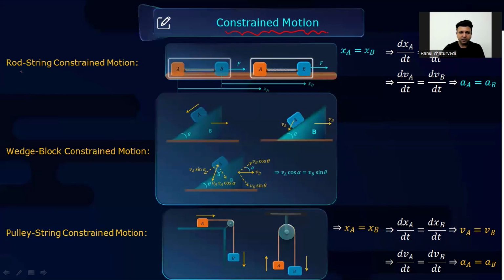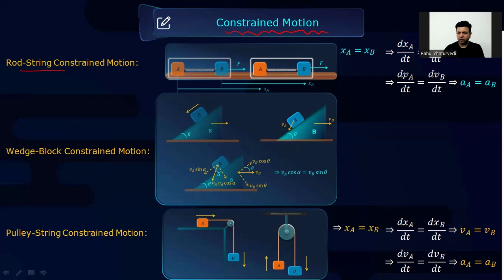For example, in this rod and string combination, block A and block B are attached with the rod. Since both are attached with the rod, the direction in which A can move relative to B is restricted. So this kind of motion is known as constrained motion.